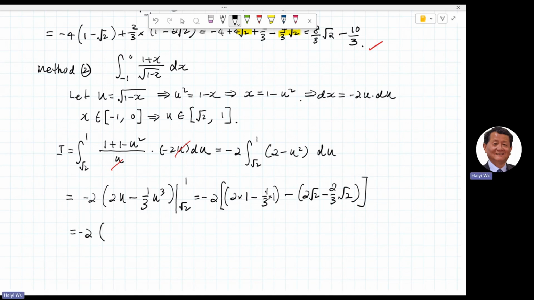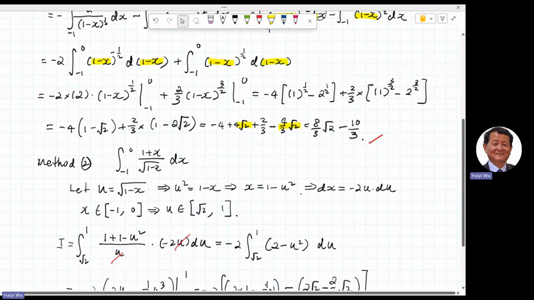Negative 2. So those two together will be 2 minus 1/3, which is 5 divided by 3. And then the next ones, these 2 will be 4 square root 2 divided by 3. So we move the negative 2 in, expanding the brackets, it will be 8 square root 2 divided by 3 minus 10 divided by 3. So we got the same answer.